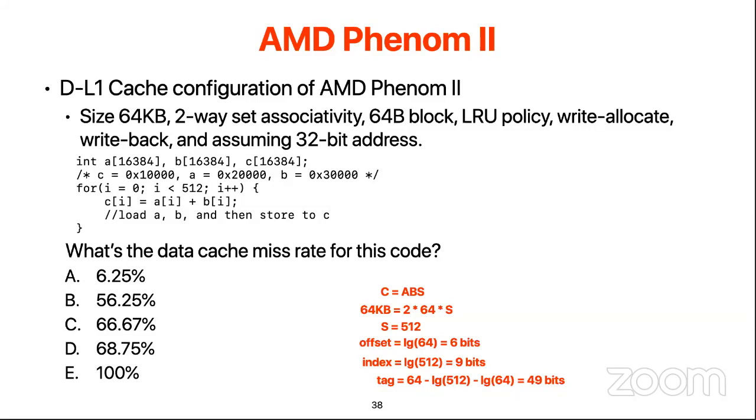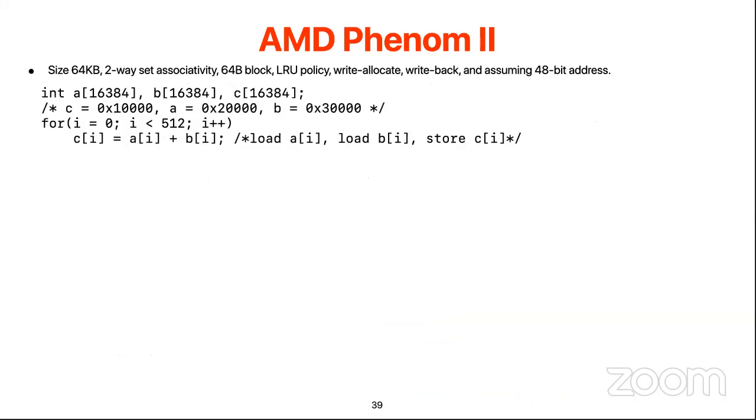What you need to do is first list all the addresses that will be accessed, and partition the address into tag, index, and offset, as we previously showed in the cache simulation questions. So I write it down here, C equal to ABS. The tag is 49 bits, the offset is 6 bits, and the index is 9 bits.